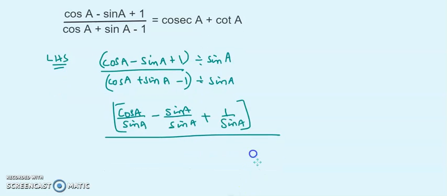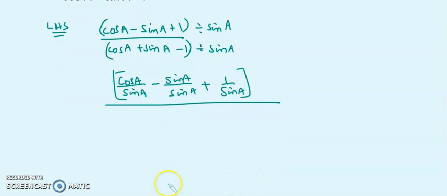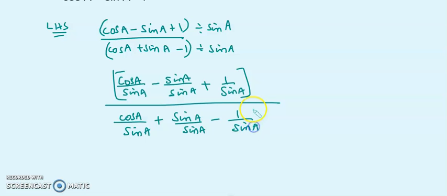So what will be our denominator? Our denominator will be similar, kind of similar, only with the sign change in the plus and the minus in the middle. So plus sine A upon sine A minus 1 upon sine A. So that will be equals to what? This sine A cancels and the sine A cancels.